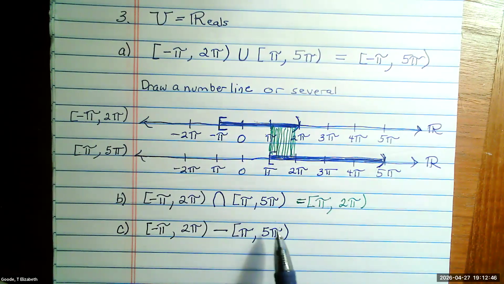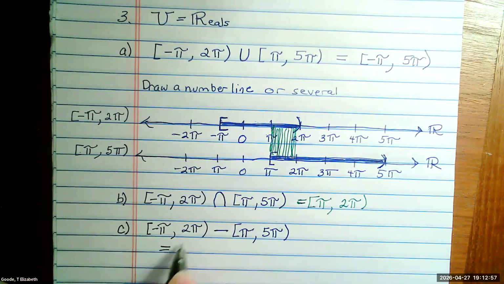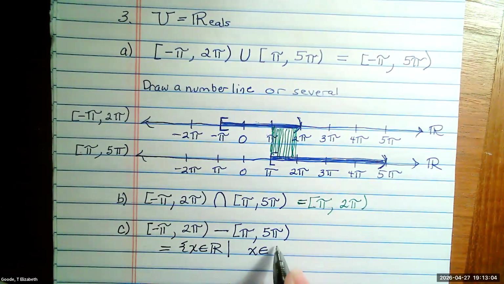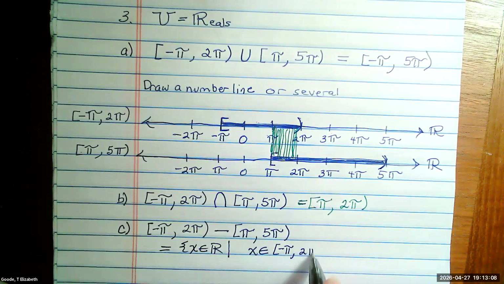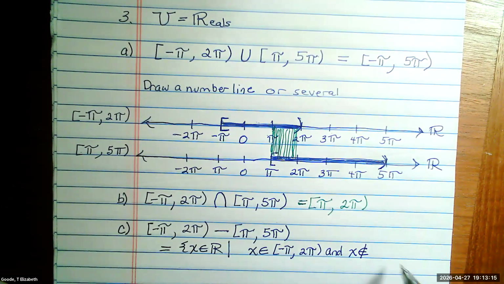If we subtract this, like we remove it, do we start from 2 pi? No, because 2 pi is not in this set. This set is the x's in the reals such that x is in the first set, negative pi square bracket to 2 pi soft parenthesis, and x is not in the second set.